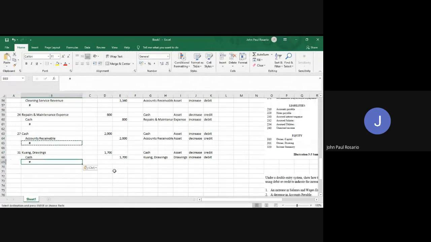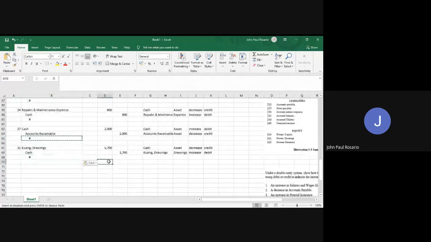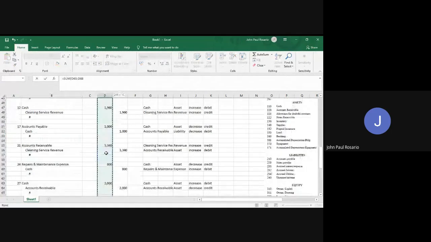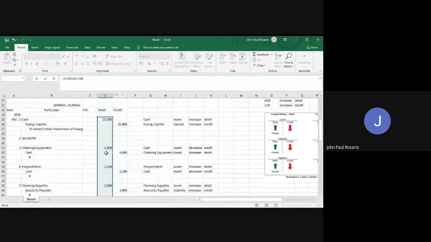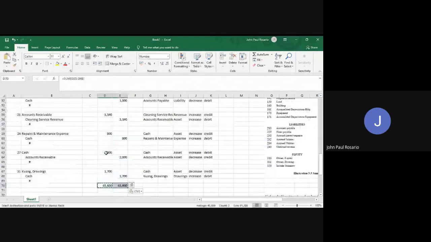Tapos, at the end, para ma-sure nato kung equal ba ang debit o credit, i-add nato ang total sa debit ug credit. Okay. So, as you can see, equal sila.